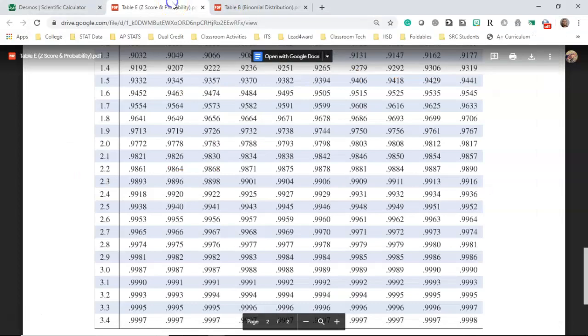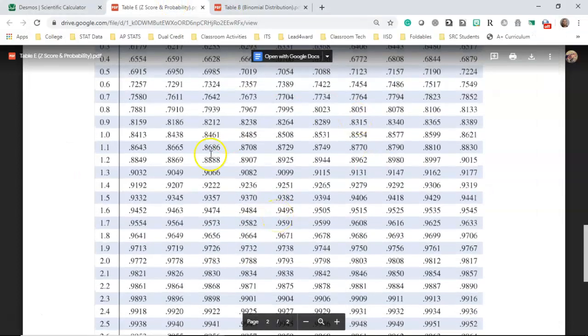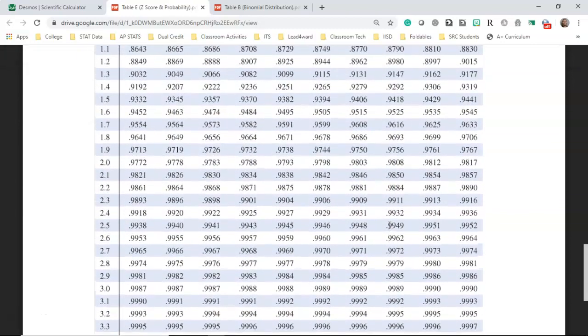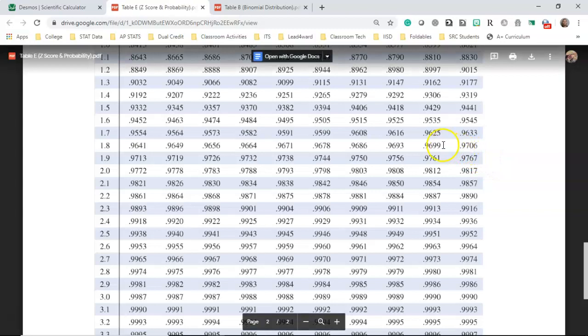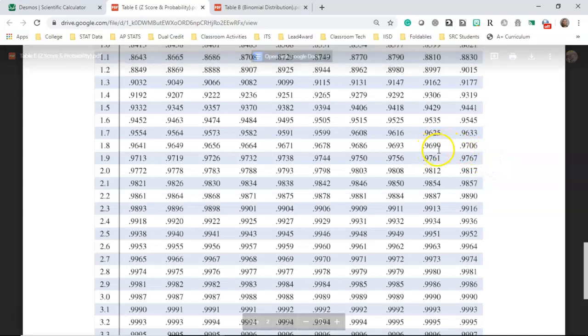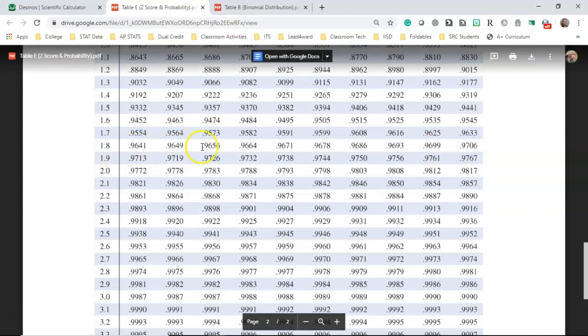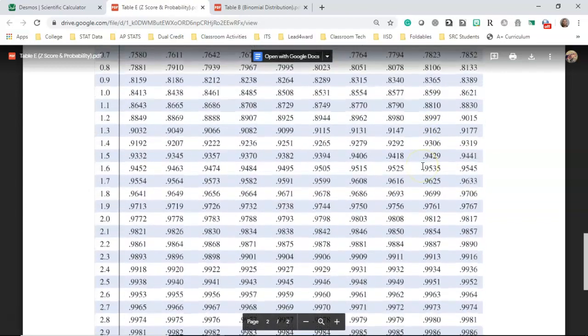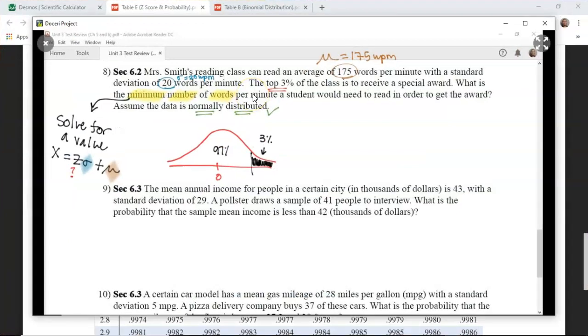In the body of the table, here's 0.9699, so it looks like 1.8, and that should be 8. So the number closest to 97% is 1.88.